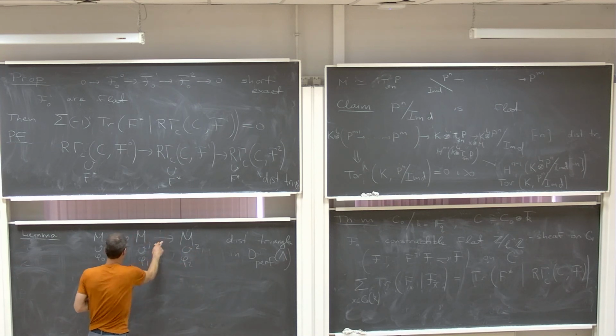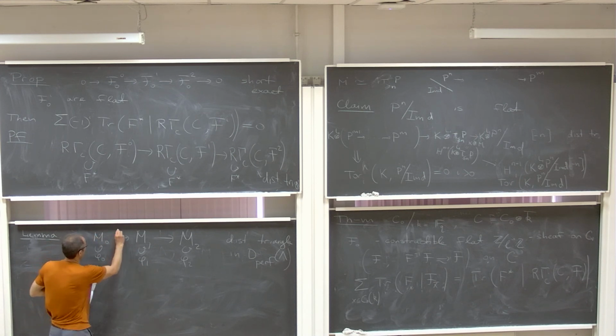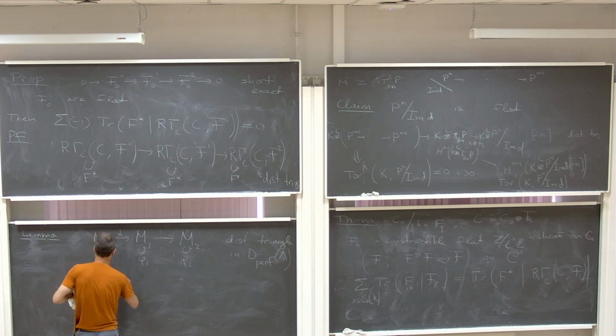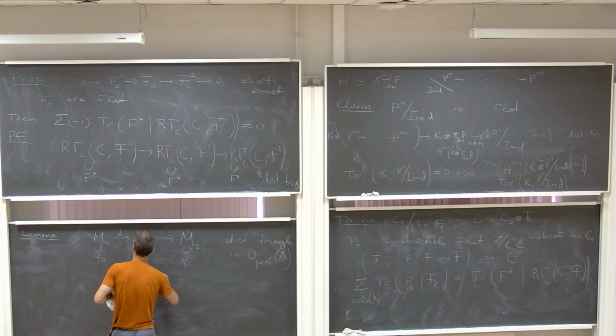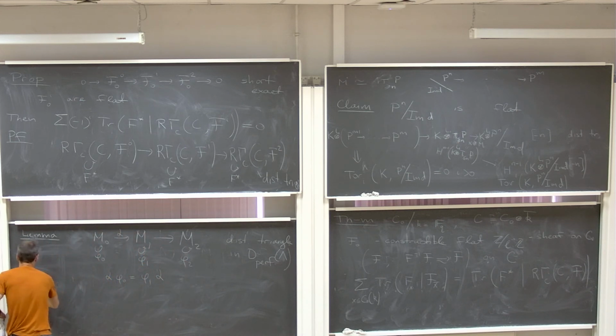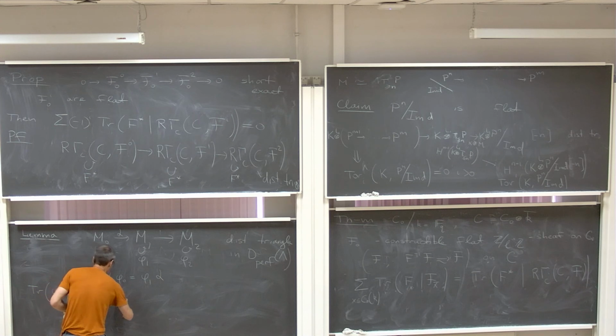And these maps commute, right? So the sections commute. If I take alpha of phi 0, this is the same as phi 1 alpha, and also here, then the trace of phi 1 is equal to the trace of phi 0 plus the trace of phi 2.